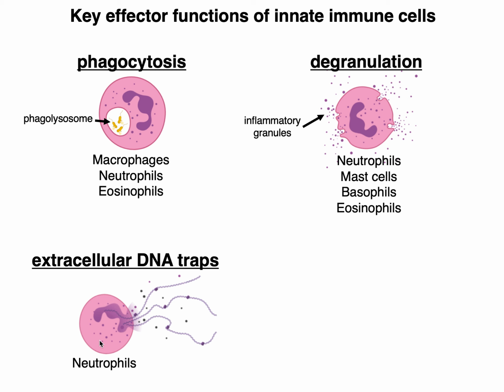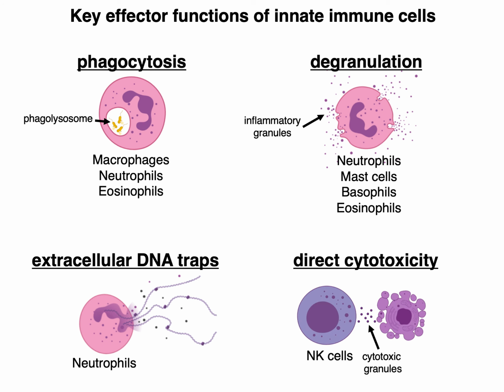Many times these cells die, but neutrophils have a specialized function that when they die, they release their DNA, and this creates a sticky matrix that traps bacteria and allows for other cells of the immune response to swoop in and kill them. And lastly, some cells can be killed directly by cells of the innate immune system. So for example, natural killer cells are really good at finding and detecting virally infected cells and eliminating them to prevent spread of the virus.